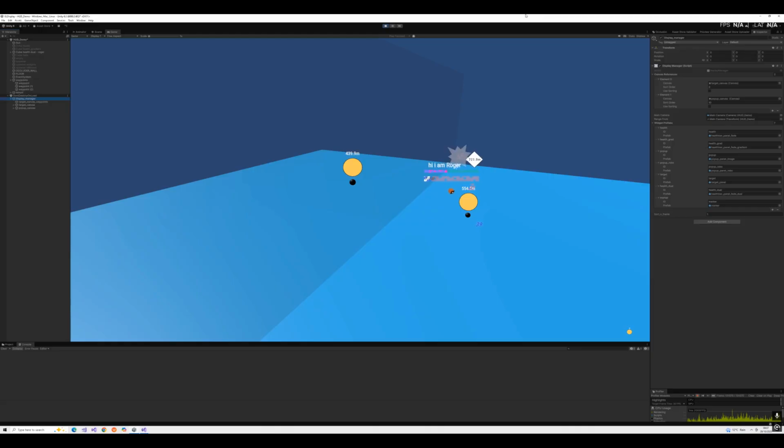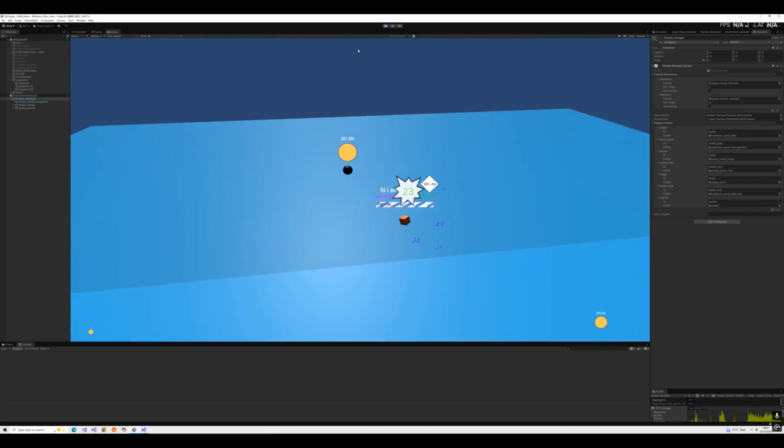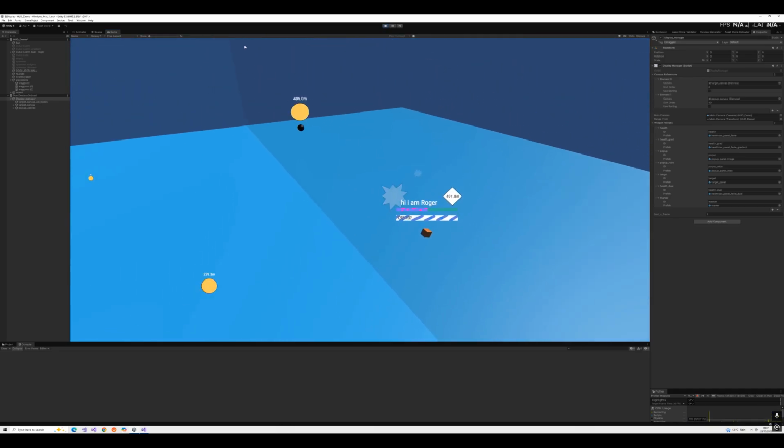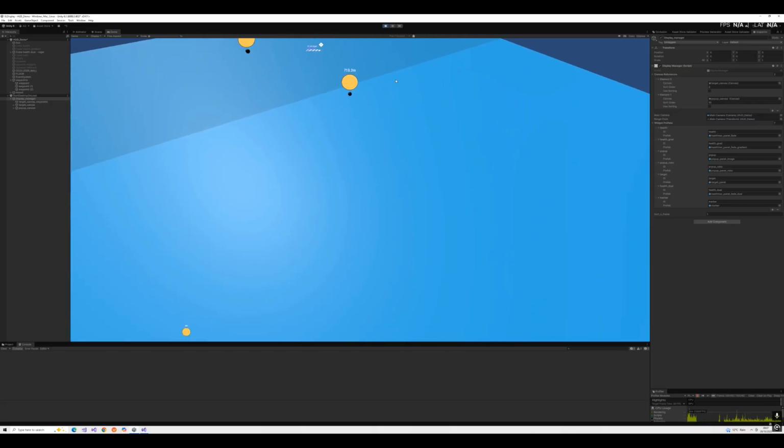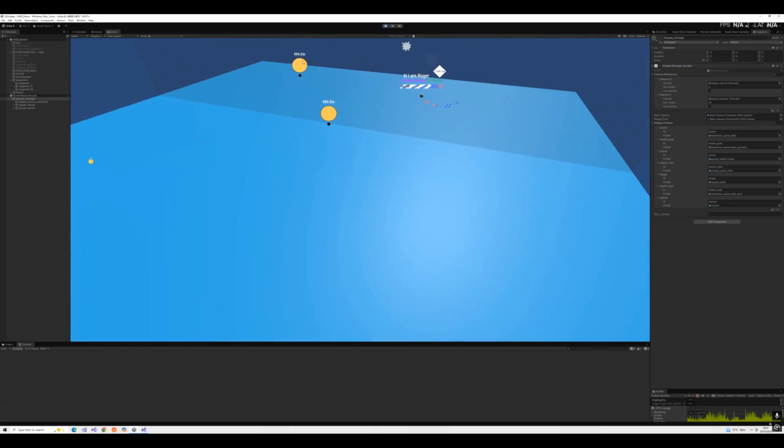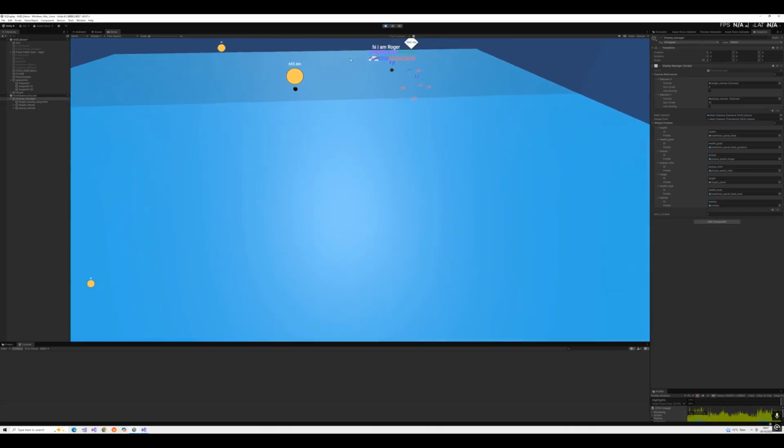Okay, the second stage is to look at the sorting. So what have we got? We've got all these markers, the black spheres, and we've got the moving player Roger, or NPC Roger.